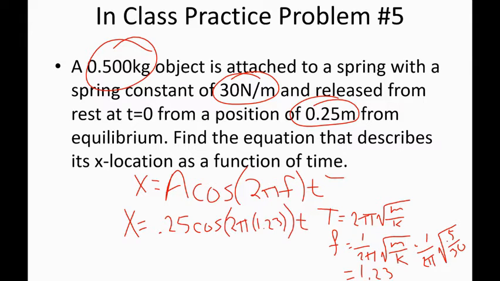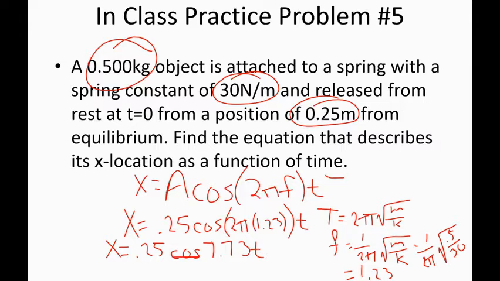So my location x as a function of time is going to be equal to 0.25 cosine 7.73 t. This type of equation or question is going to show up in your next practice problems for class.